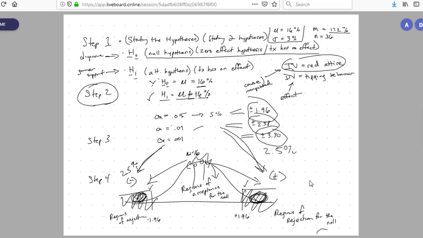So it can exceed the boundary marker on the positive end in terms of the actual numeric. But on the negative end, if you get a negative z-score, calculated that is, it has to be negative 1.97, negative 1.98, negative 2.50 in order for you to reject the null hypothesis.